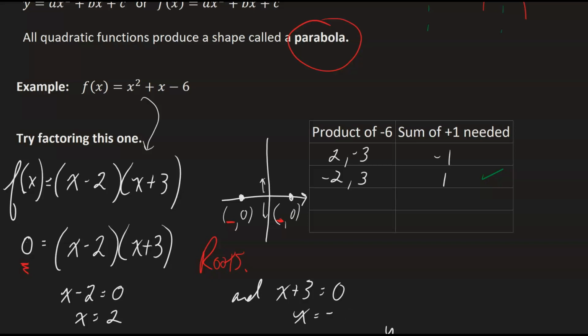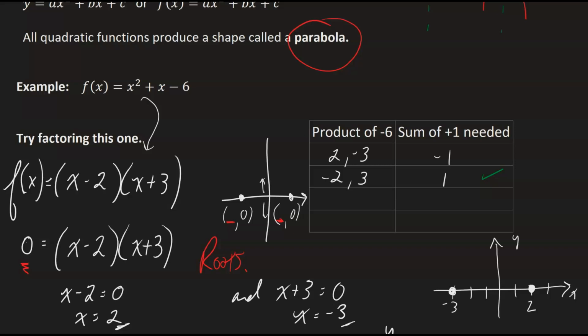Sorry, 2 there, 3. So if I were to begin graphing, I have an x-axis and a y-axis. 1, 2, 3, 1, 2, 3, -3, and 2. This parabola crosses at x equals 2 as a point, and x equals -3 as a point.